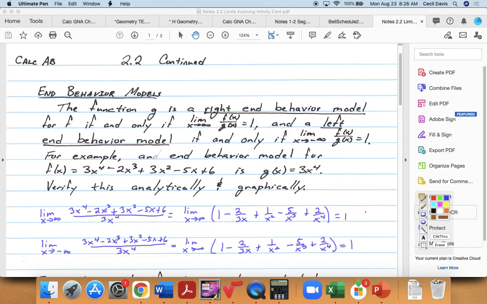So we have analytically verified that that is an end behavior model. Now, let's verify that graphically.